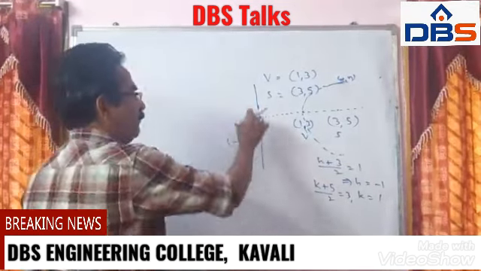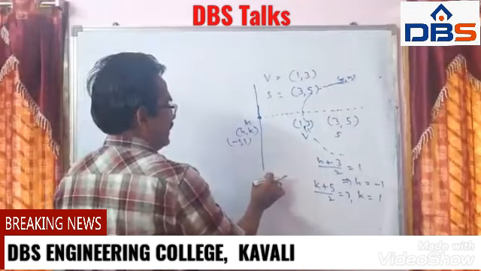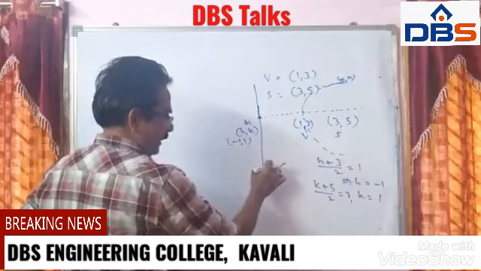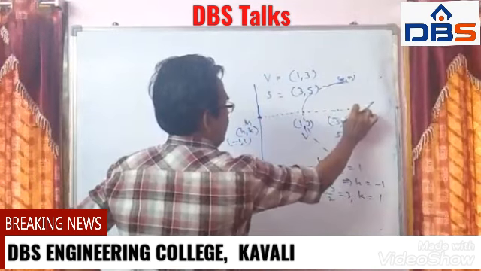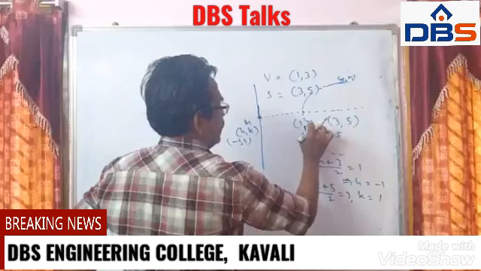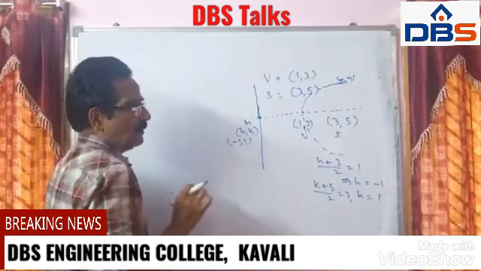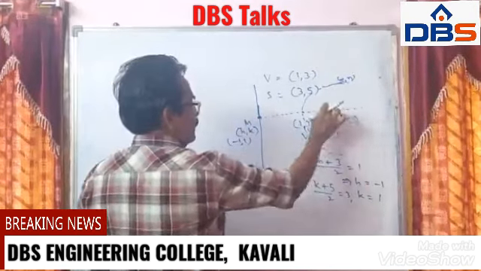And now we have to find the equation of the directrix. See, we know this slope. We can find the slope of this line. What is the slope of this line? (5 minus 3)/(3 minus 1) is 2 by 2, 1. 1 is the slope of this line.